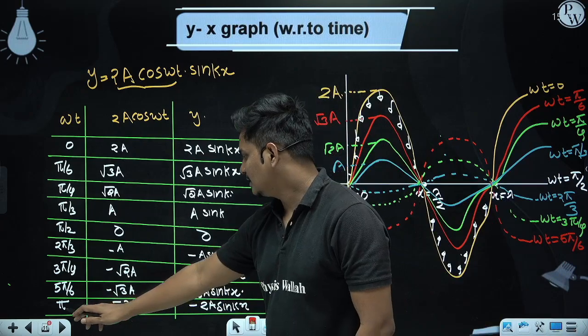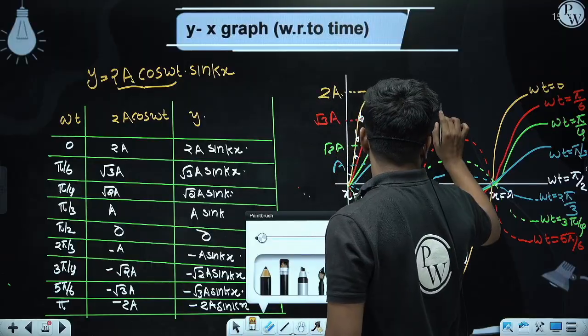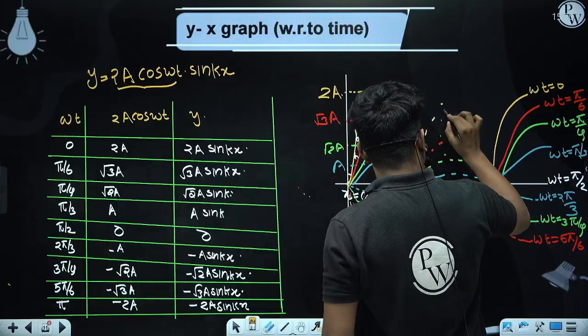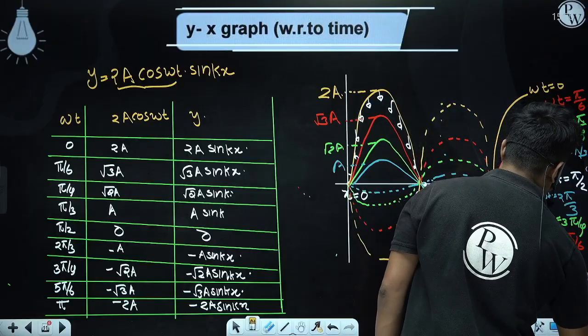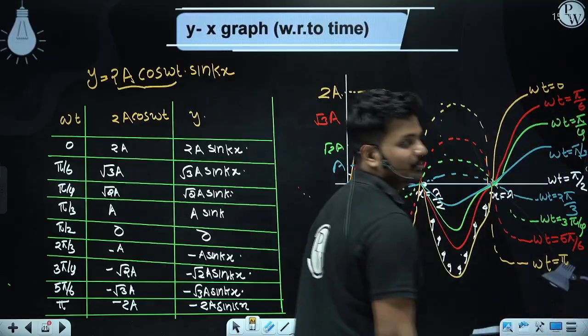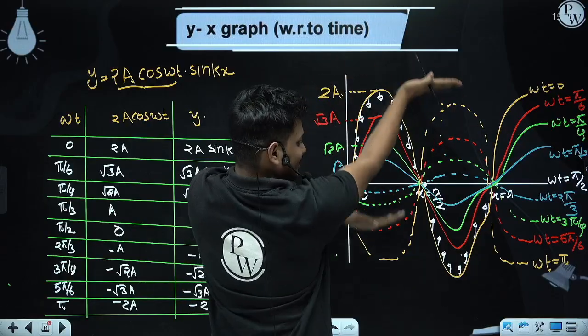Then next one, at pi, what is the expression? Like that. So what is happening? It is oscillating with a different amplitude. Try to visualize: initially like that, then like that.